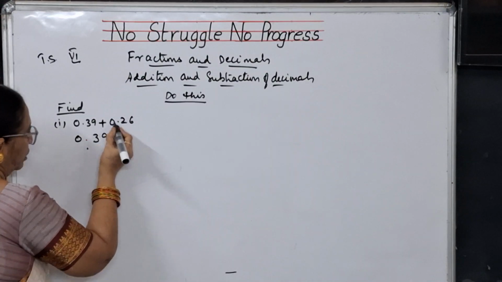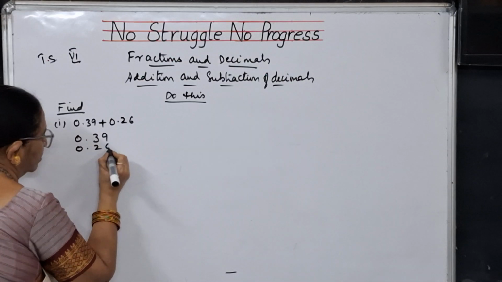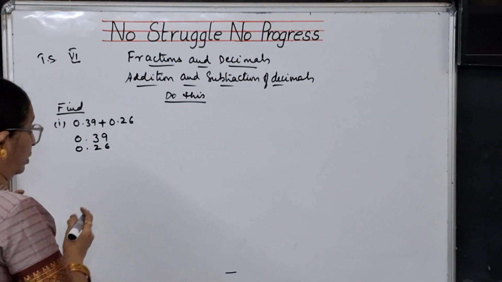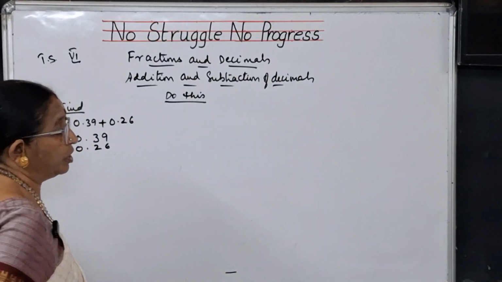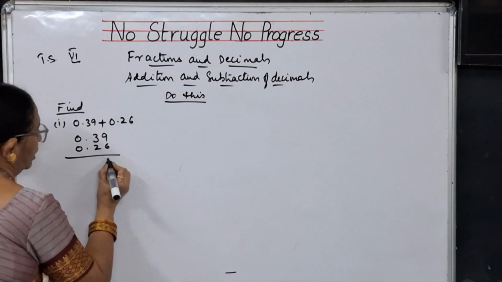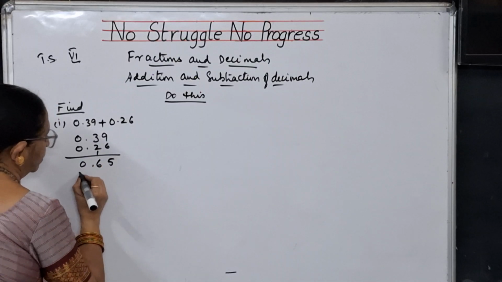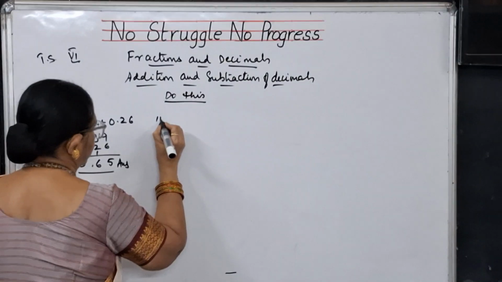So in the integral part I have 0 and 0. The integral part you go from right to left, the decimal part you go from left to right, indicating the numbers. So 9 plus 6, 15, 6. 0.65 is the answer for the first bit.